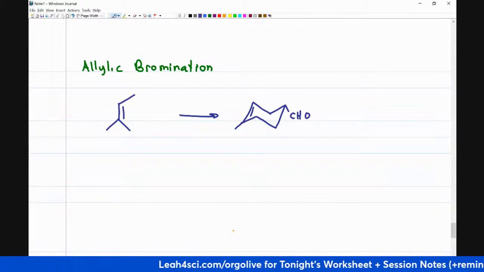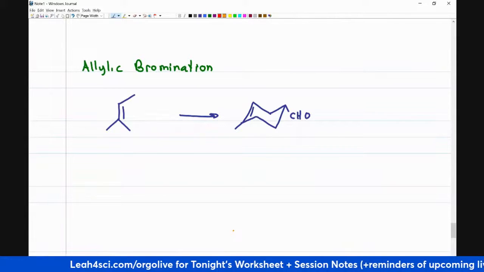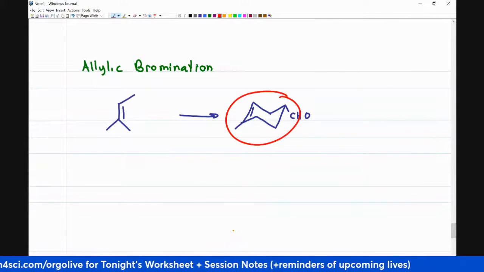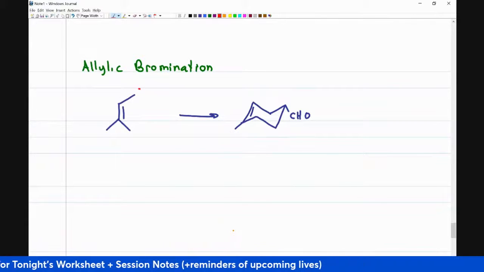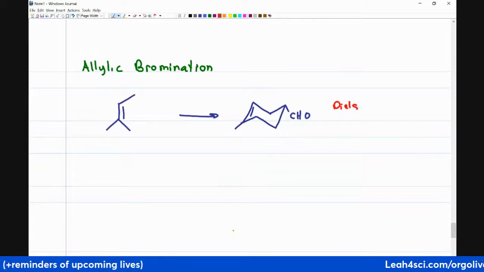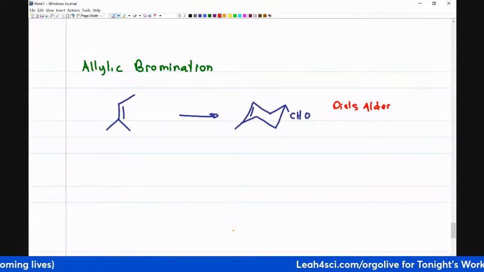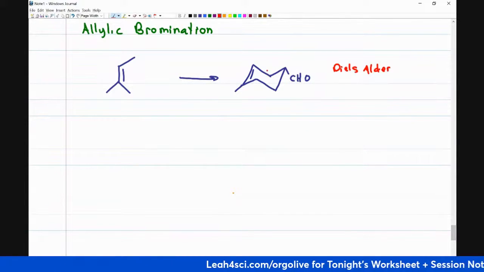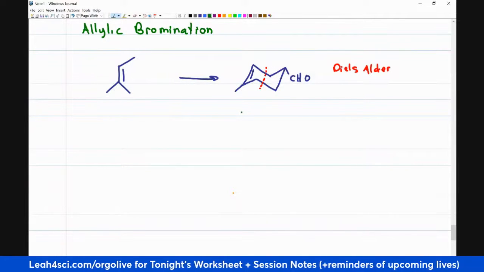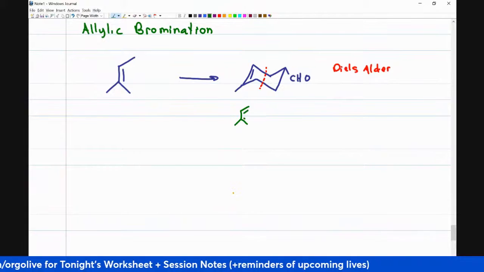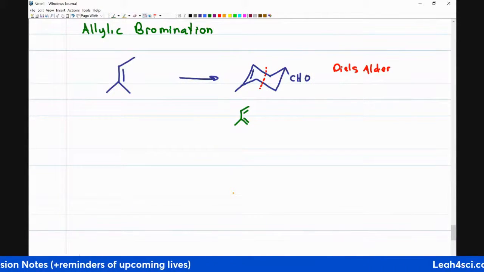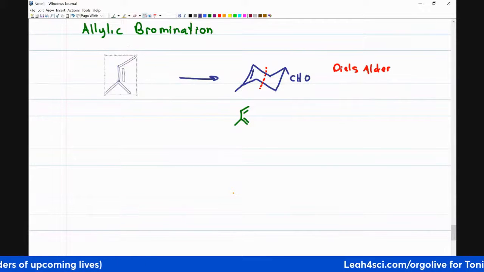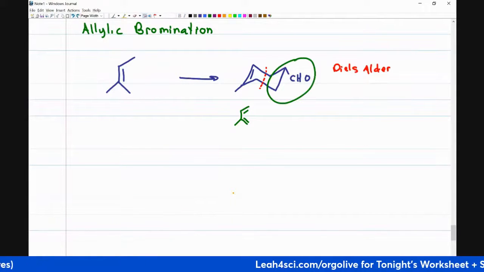Now, if you watch my Diels-Alder videos, you'll recognize that anytime you have a ring with a pi bond where you started with something that was smaller, that was a Diels-Alder reaction. In a Diels-Alder reaction, we have a diene and a dienophile, where if we break it here, our diene should have been a molecule that looked like this, and then this was the dienophile, which is all nice and well, but the professor gave them the wrong molecule, or so they thought.